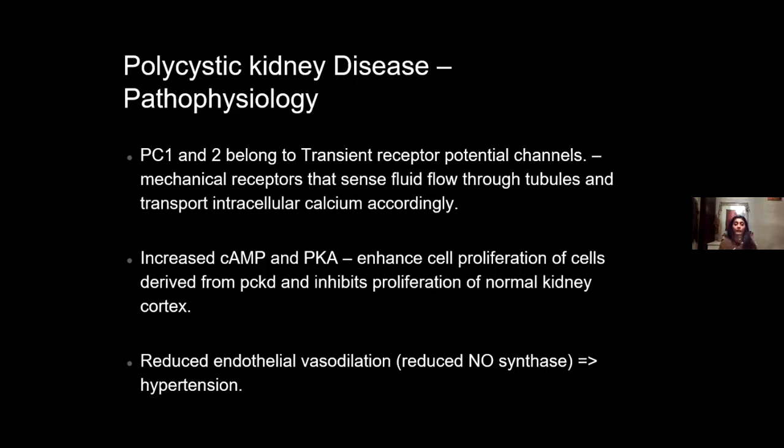So what they have found in polycystic kidney disease is an increase of the intracellular messengers, cAMP and PKA, and this enhances proliferation of the cells that are derived from this genetic mutation. So the polycystic kidney disease cells get proliferated more and more and more, and it inhibits the normal kidney cortex from proliferating. So we have more and more cystic cells than we do normal cells.